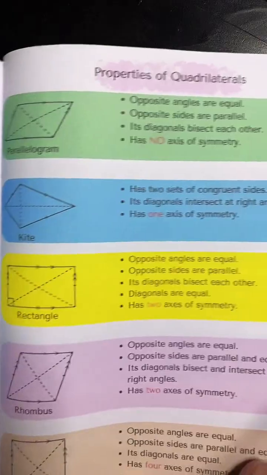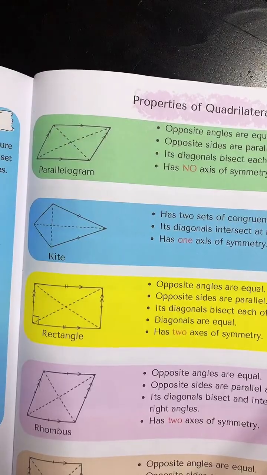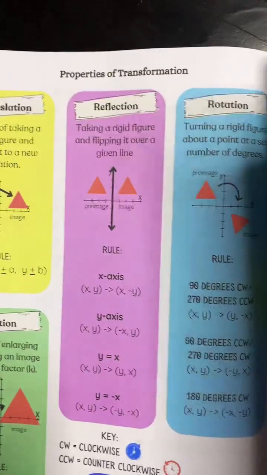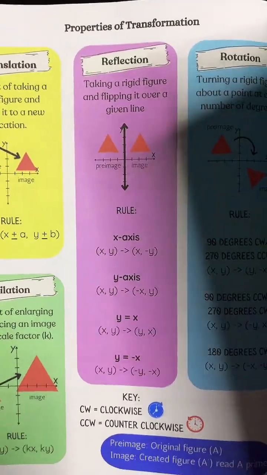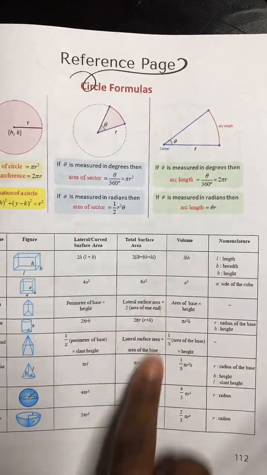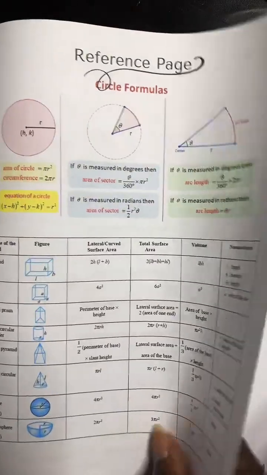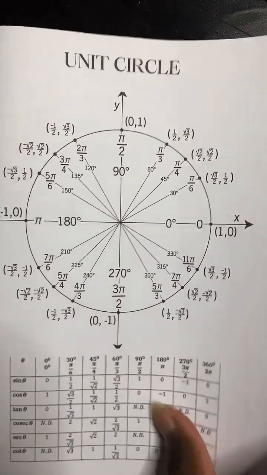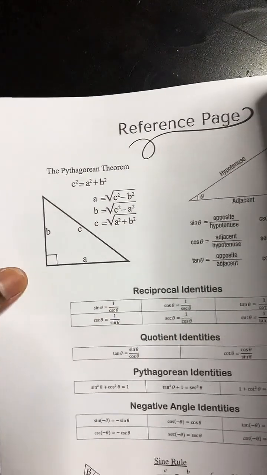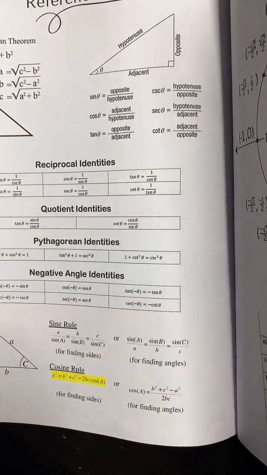Then properties of quadrilaterals, things you need to know to solve those problems. It can help a little with geometry, especially the properties of rigid and non-rigid transformations. We have volume, surface area, arc length, area of a sector, area, perimeter, as well as the unit circle, Pythagorean theorem, SOHCAHTOA, some trig identities, and especially the law of sines and law of cosines at the bottom.